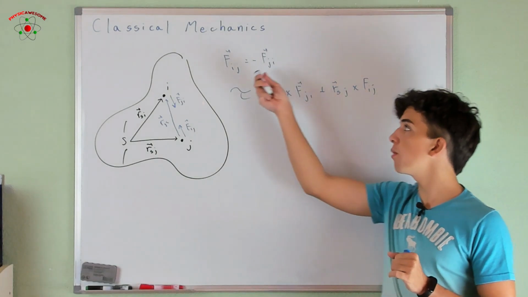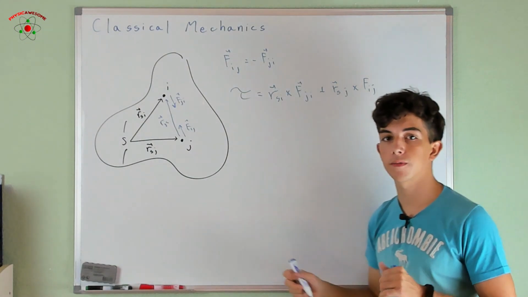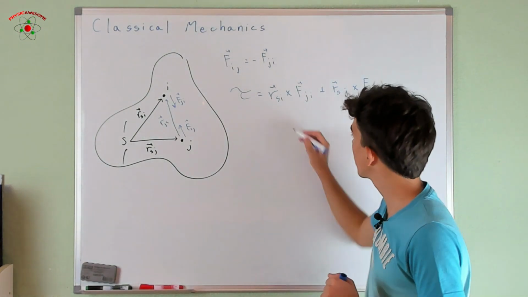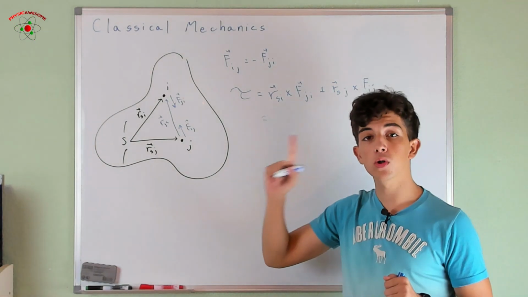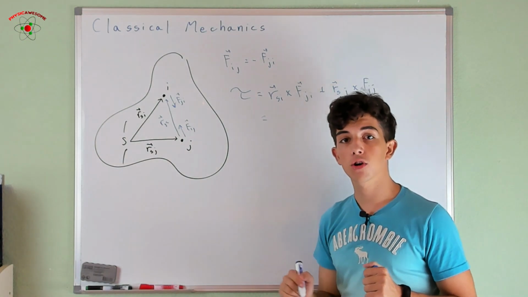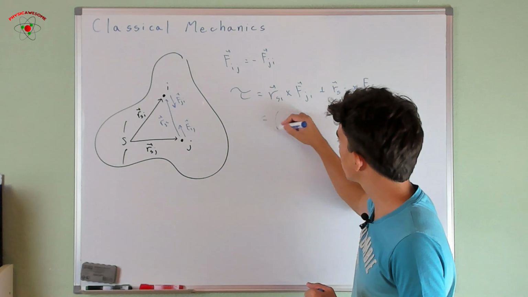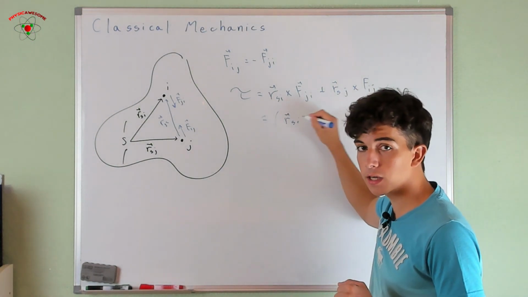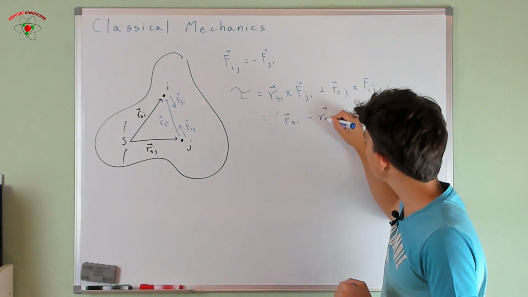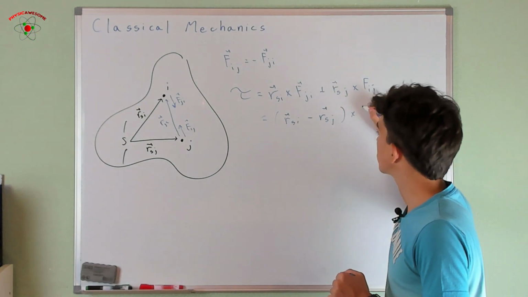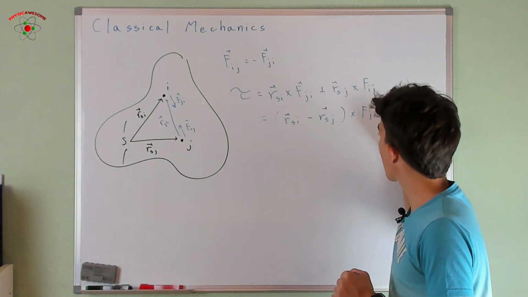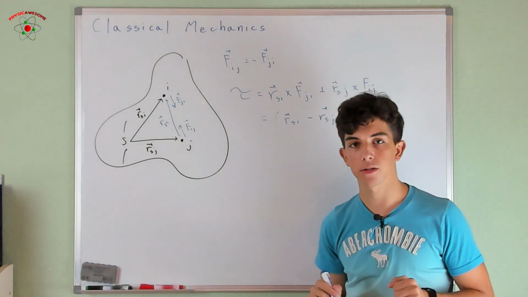Now we know these are opposites, so we may substitute one of them in the equation to get rid of one of our variables, and we are going to also take the common product of those. So we have RSI minus RSJ cross Fji, all of it vectors.